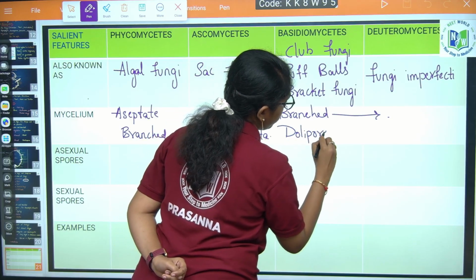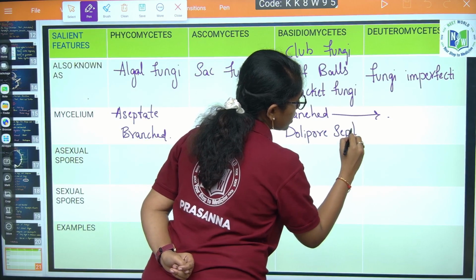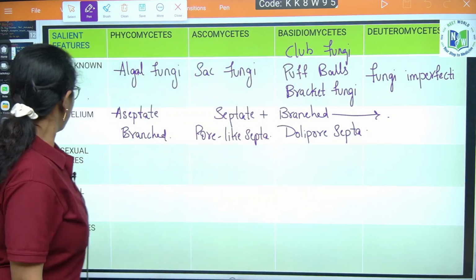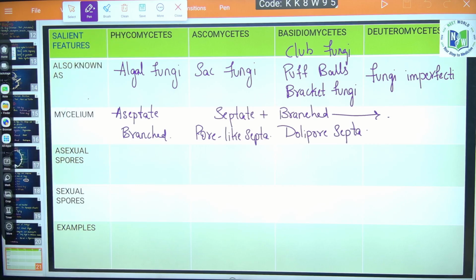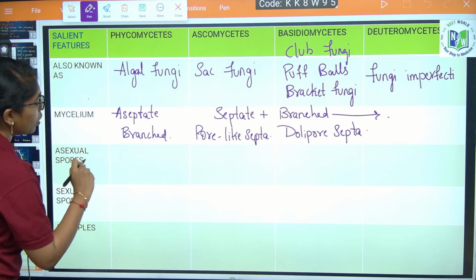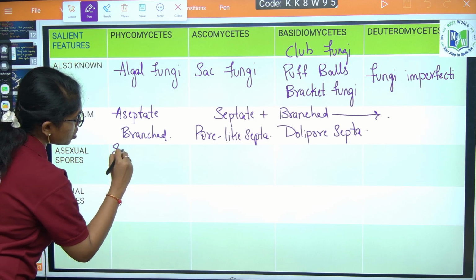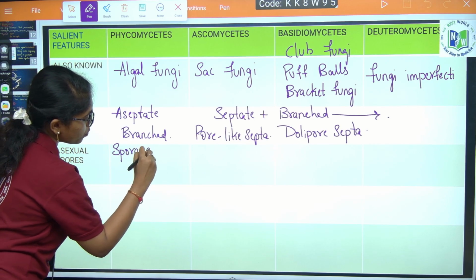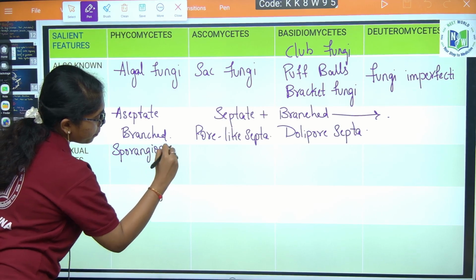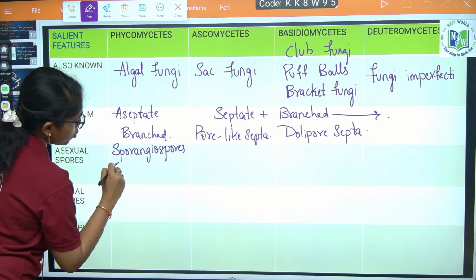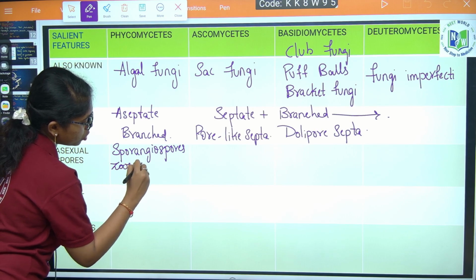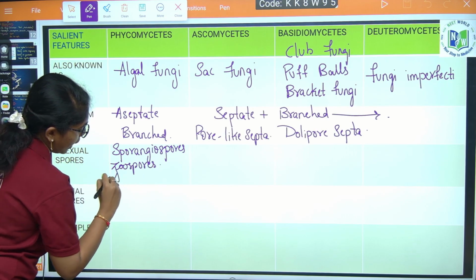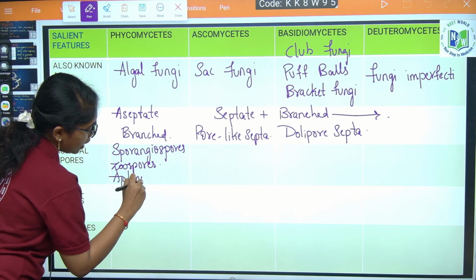What type of septa, ma? Dolipore septa. Clear? Next, asexual spores of Phycomycetes include sporangiospores, zoospores and aplanospores.